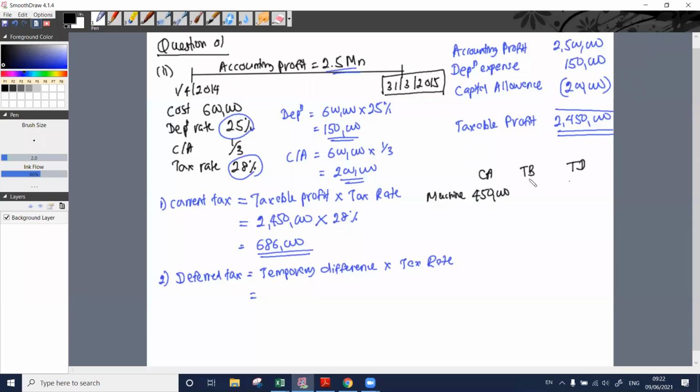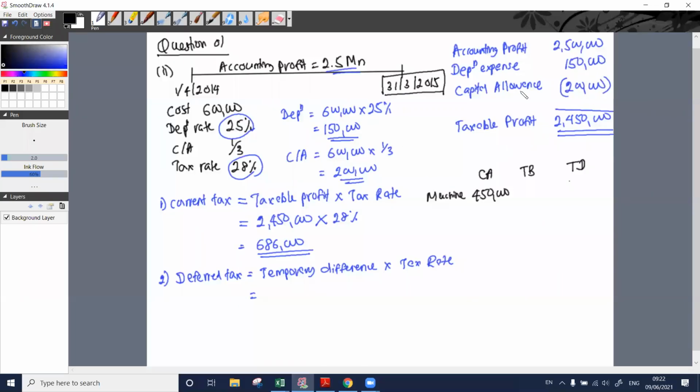Like that way, what is the tax base? What is the tax base as at this date? Cost is 600,000. For this 1 year, we have allowed a capital allowance worth 200,000.